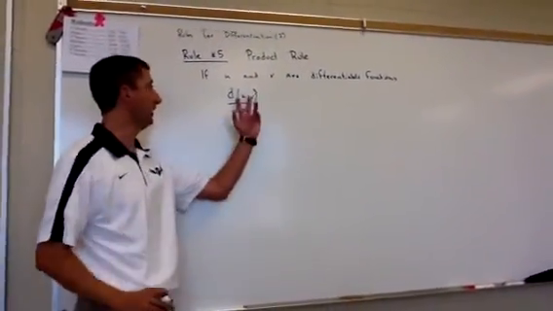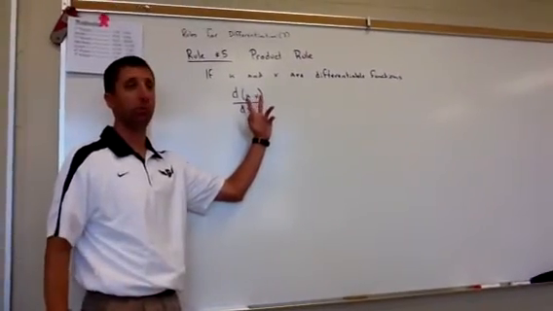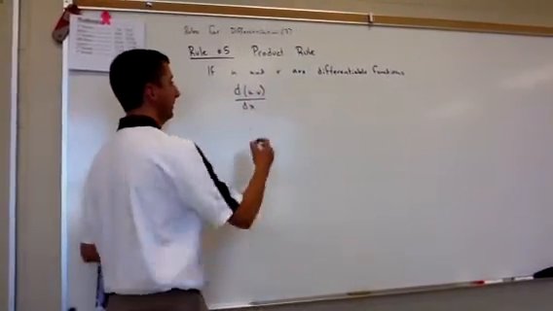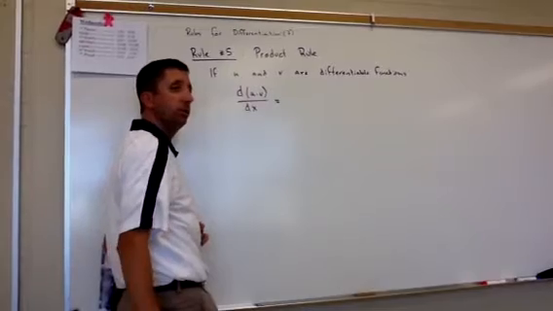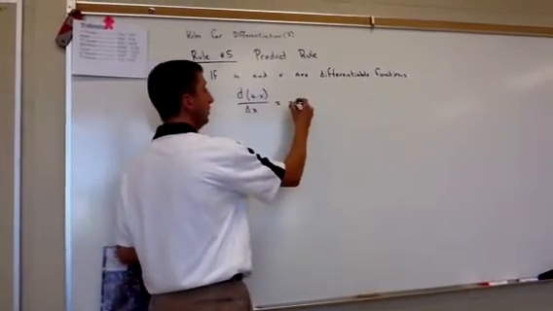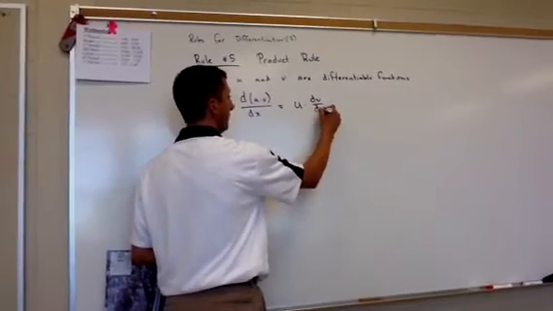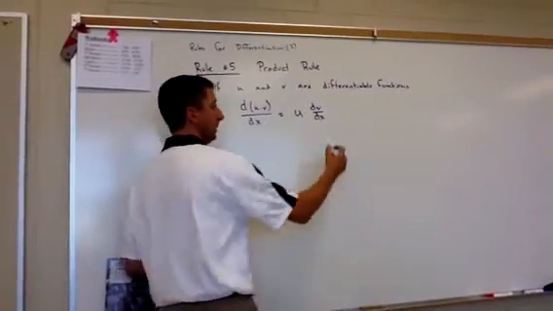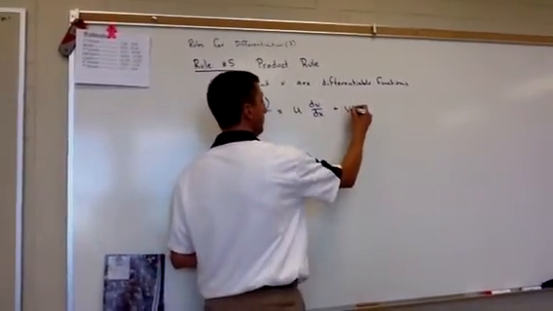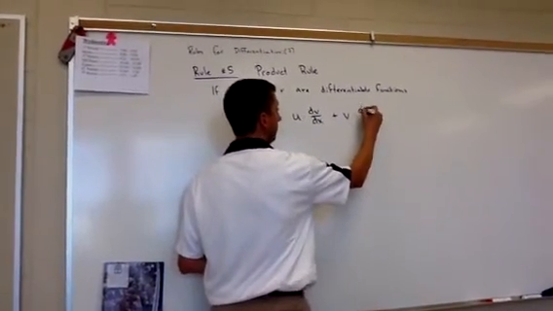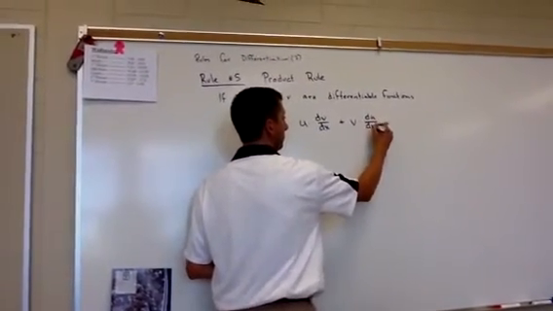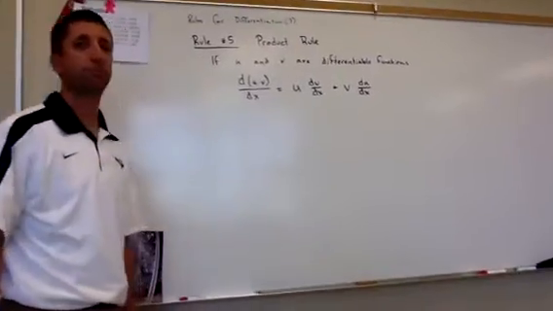The product rule says that if u and v are differentiable functions, then the derivative of u times v with respect to x, if I want to find the derivative of these two things multiplied together, is equal to u times the derivative of v with respect to x plus v times the derivative of u with respect to x.